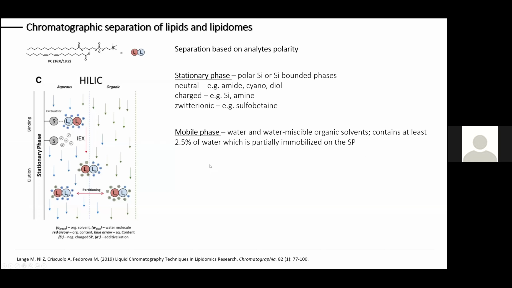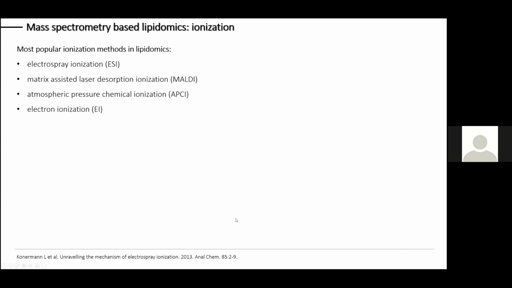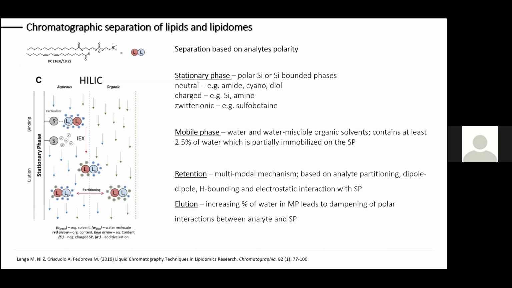It is also important for HILIC to always have some percent of water to form an aqueous film on the stationary phase. Retention is a complex, multimodal mechanism here, and we elute with increasing percent of water, disturbing the interaction of our polar head groups with the stationary phase. So one way or another, we can separate our lipids.